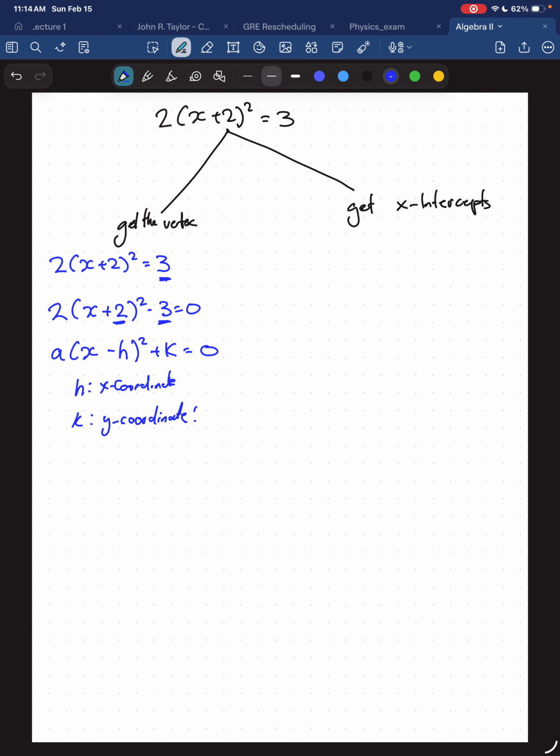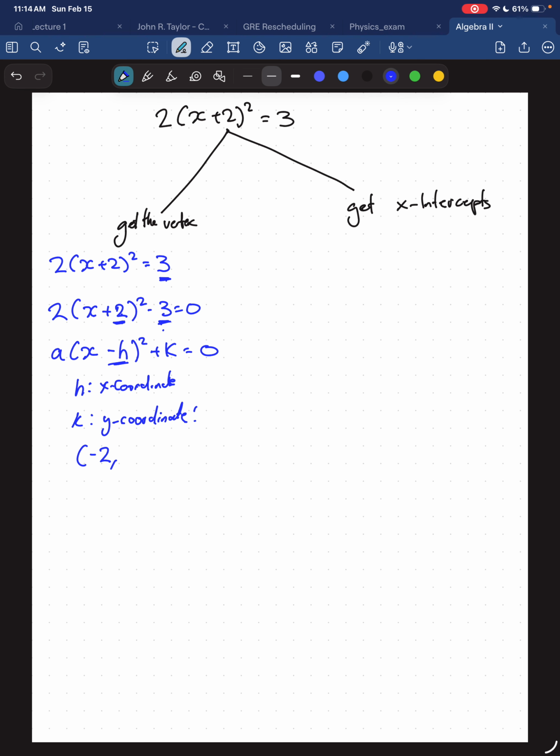Okay, so my h in this case is 2, right? But I see that 2 is multiplied by a negative number. So my x coordinate is going to be -2, right? Because h is multiplied by a negative sign. So it's positive 2 times -1. It becomes -2. Then my k is -3.